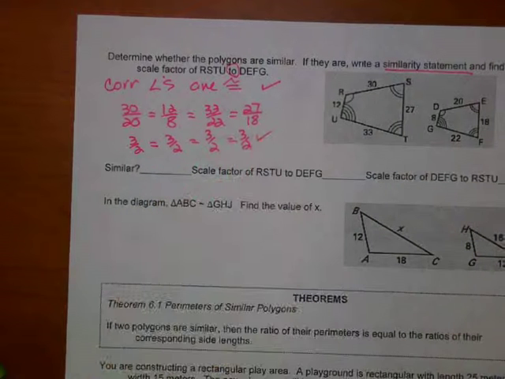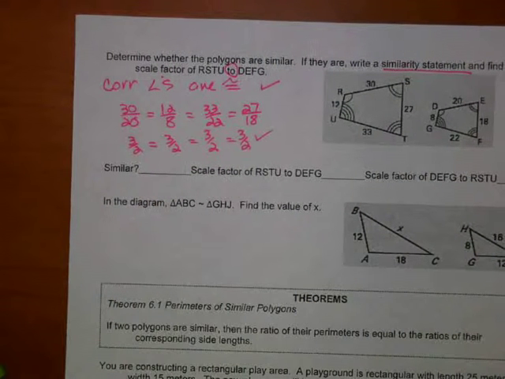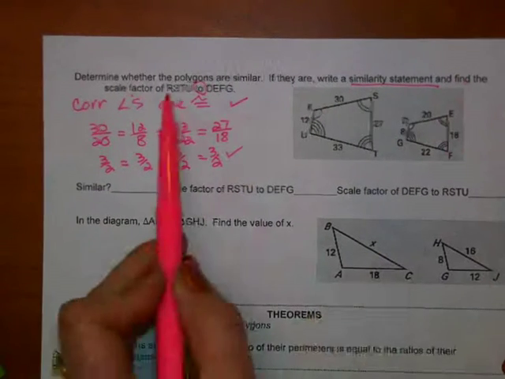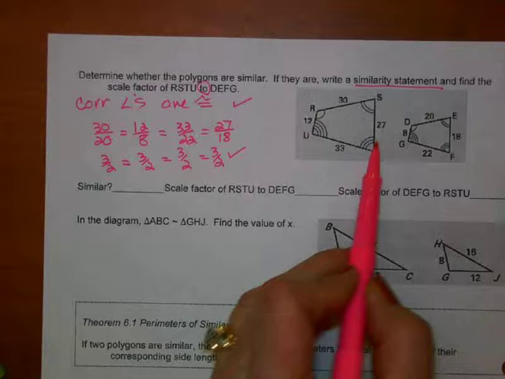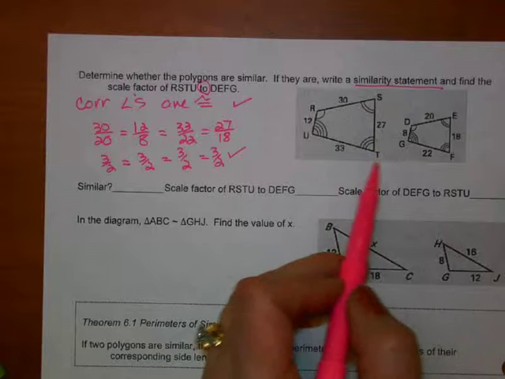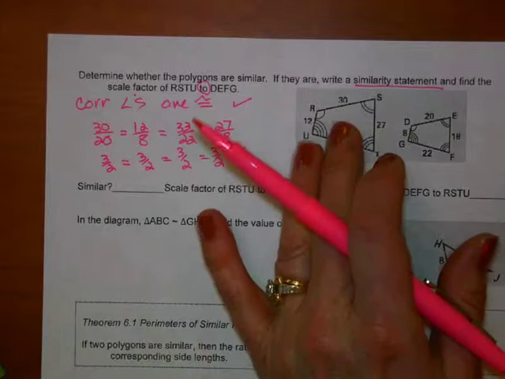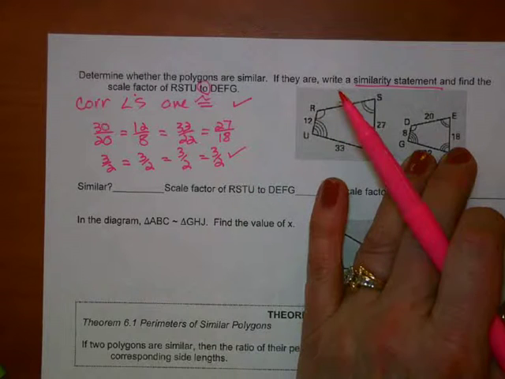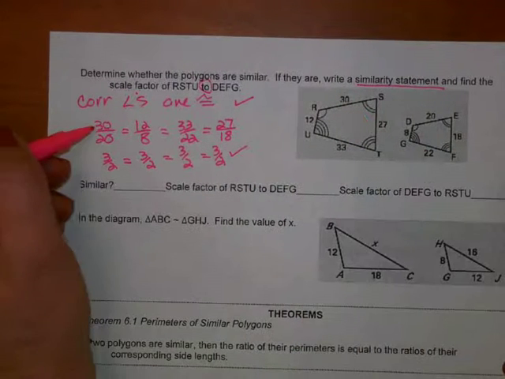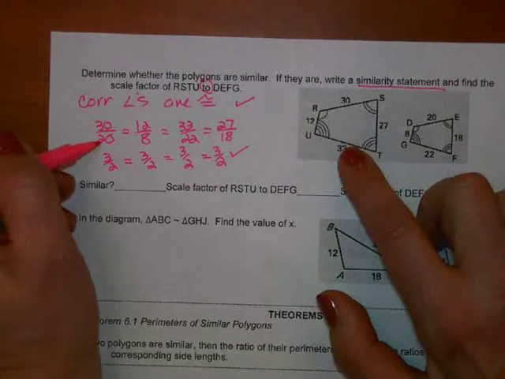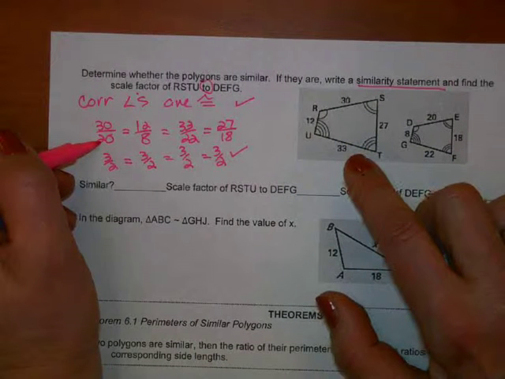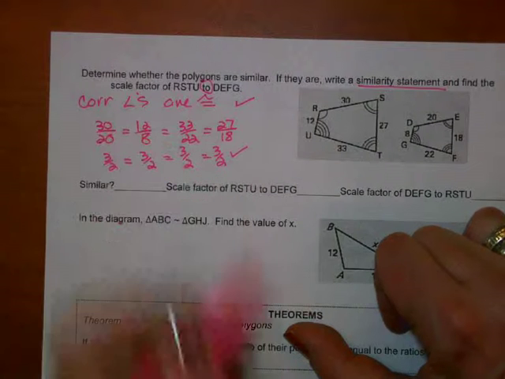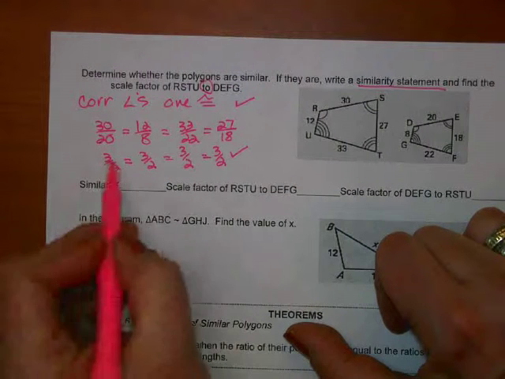So yes, okay? Now, it says, find the scale factor of RSTU to DEFG. So on the top of your fraction is going to be the bigger number. And that's how we did it, right? We set it up starting with the big triangle over the little triangle, correct? You see what I'm saying? This is RSTU over DEFG, isn't it? So we already have our scale factor.